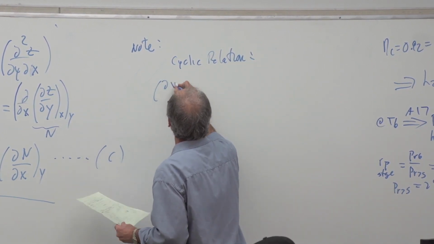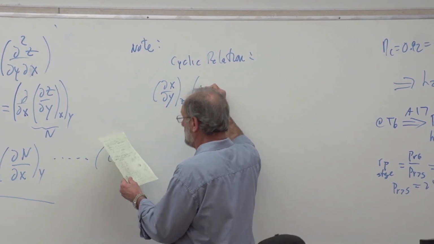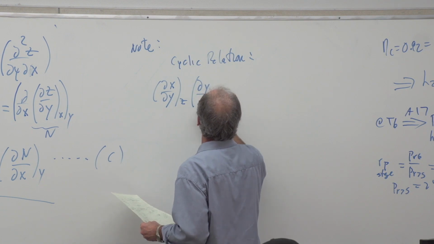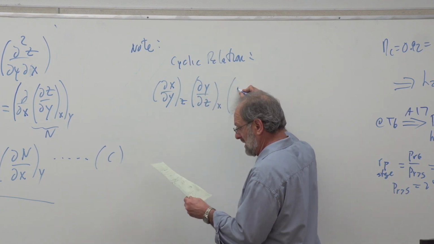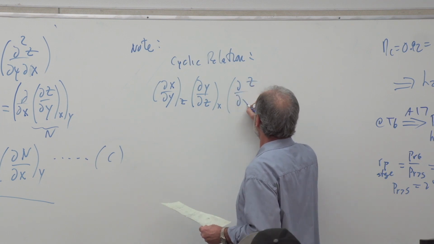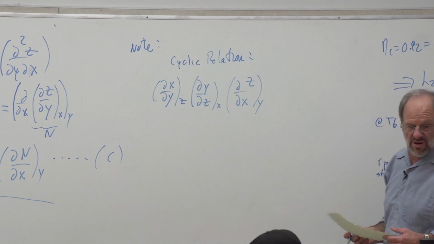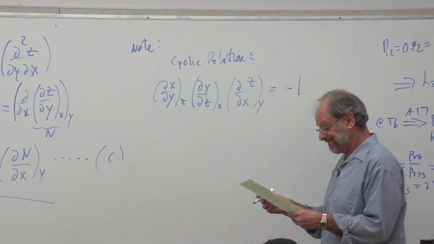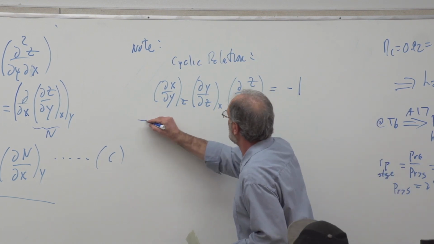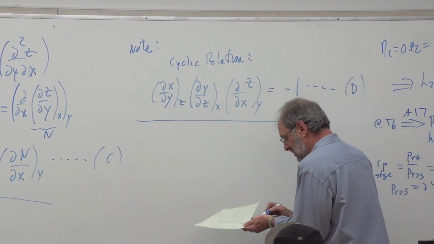Basically, if we have the partial of x with respect to y holding z constant, and then multiply by the partial of y with respect to z holding x constant, and then the partial of z with respect to x holding y constant. If we were to multiply these three partials together, then this actually equals -1. So here's another equation that we're going to utilize. And this one I want to call equation D.